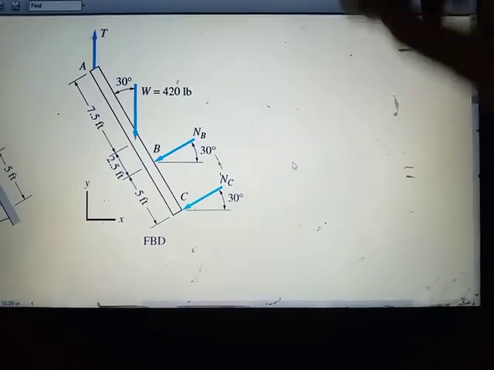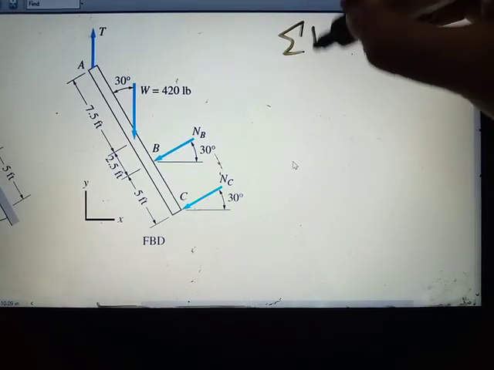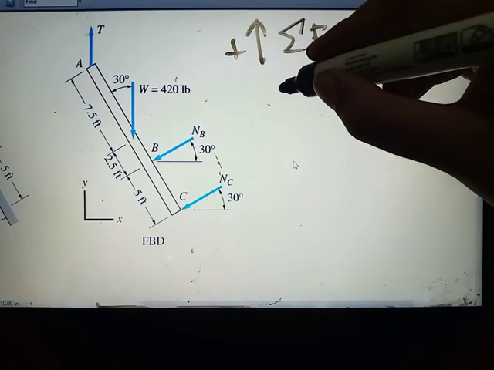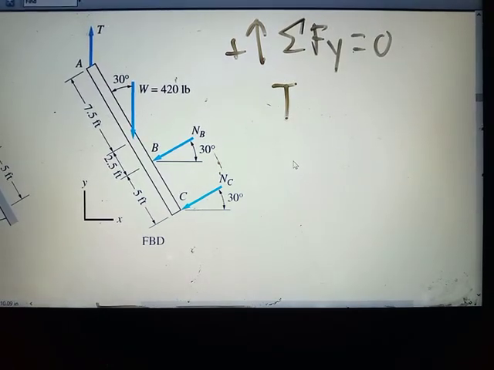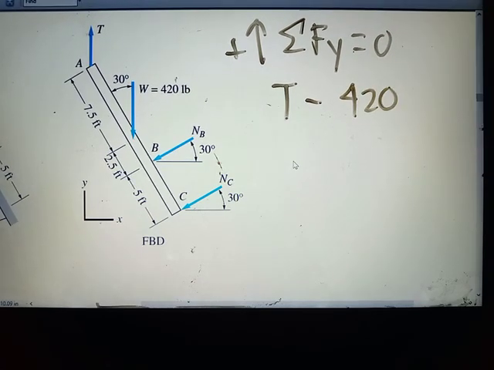I'll erase this first since the solution is there below. You can look: summation of forces y equals 0. We have T, since it's upward, then minus W. Our W is 420, so it's downward.